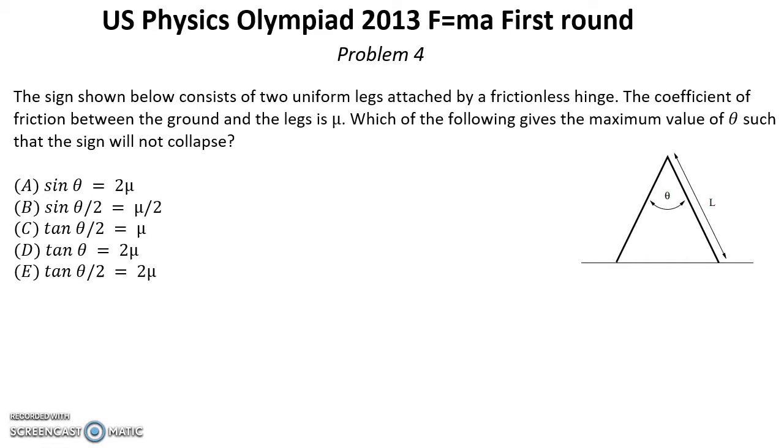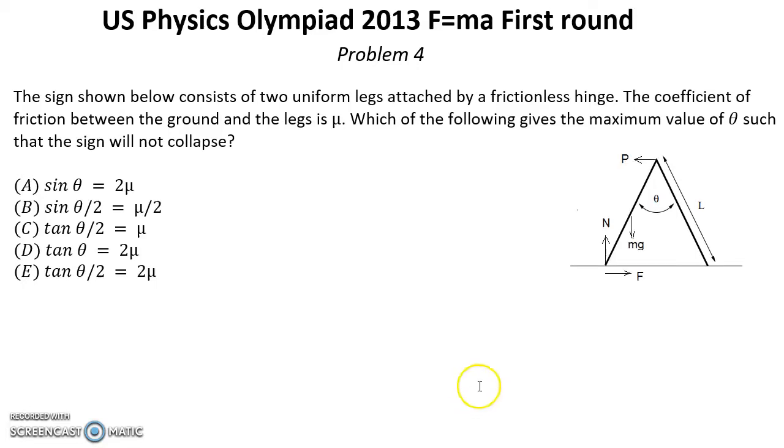Solution. First, let's draw the picture with forces. I just show forces on the left leg. For the right leg we have symmetrical forces. So on the left leg we have mg, which is applied to the middle of the leg going down.